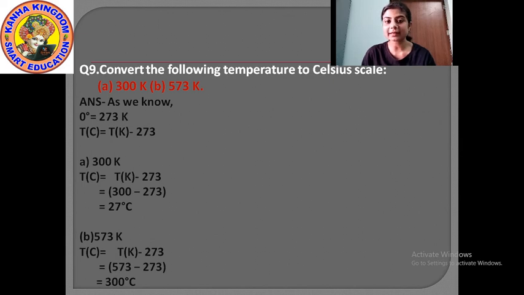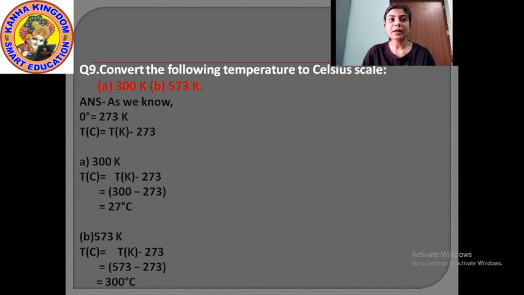I will repeat once again. As we know, 0 degrees is equal to 273 Kelvin, and here you have to convert Kelvin temperatures into Celsius scale.